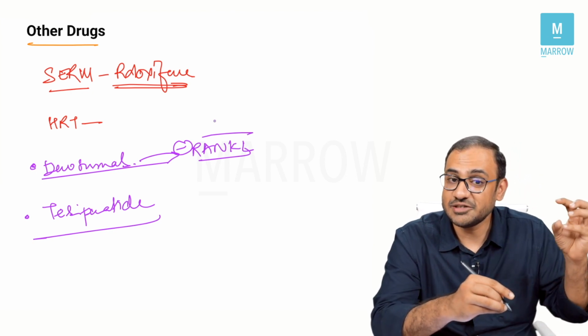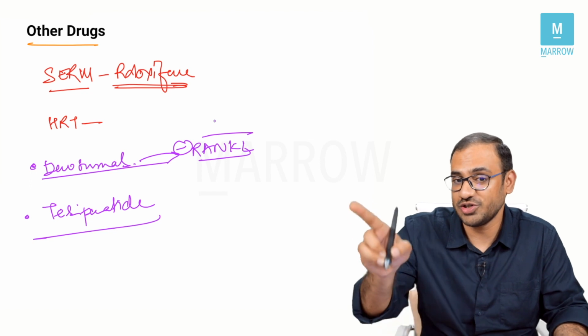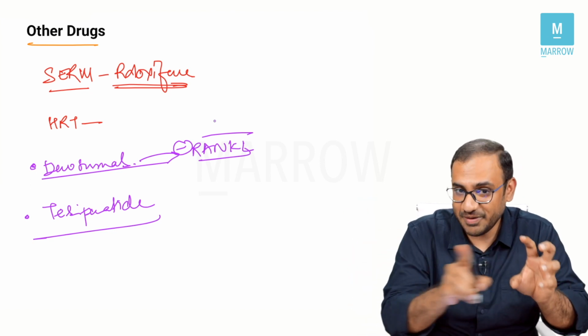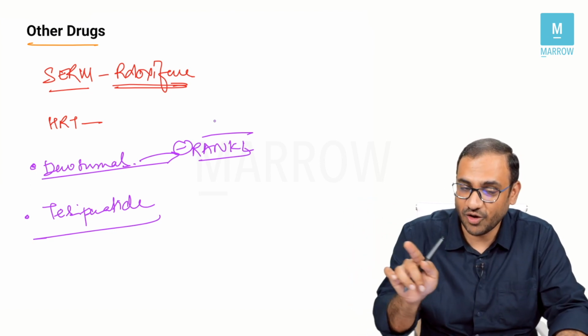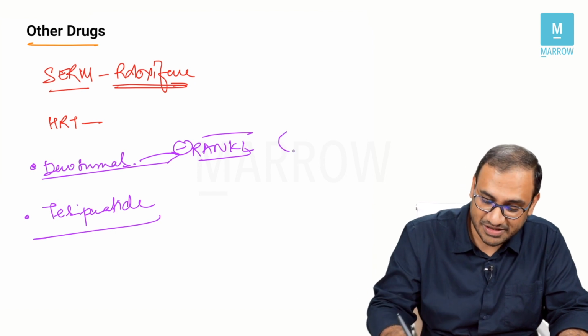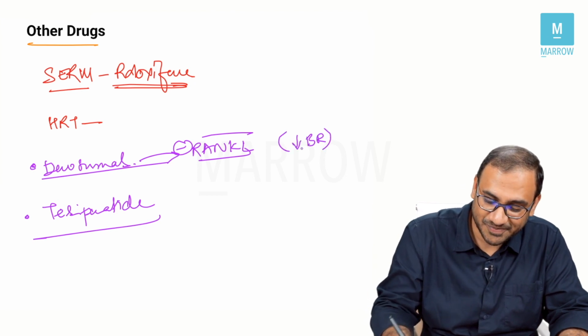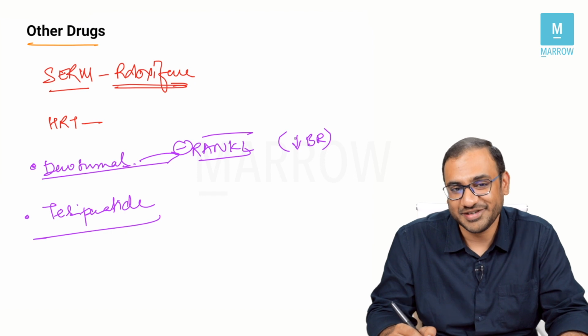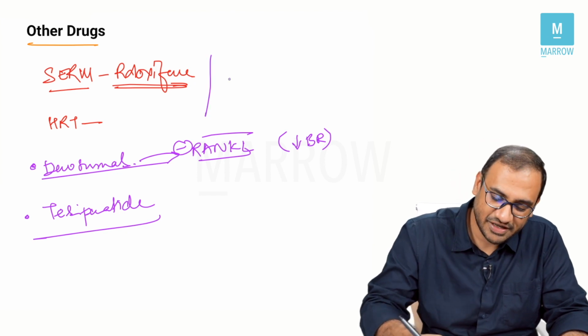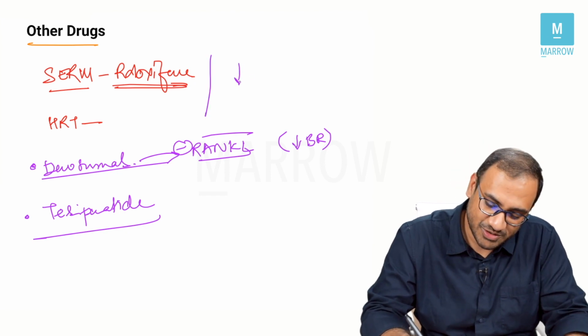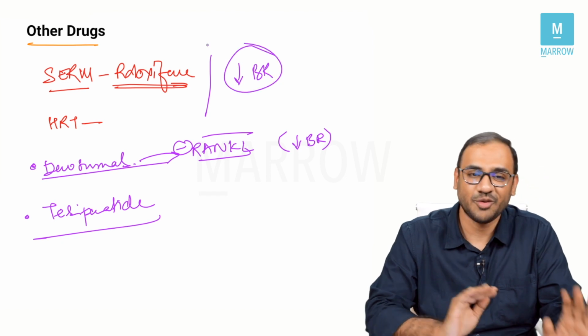RANK ligand was released by osteoblasts to activate osteoclasts. By inhibiting this ligand, you're basically not allowing the osteoclast activation, which means denosumab also suppresses bone resorption. Same as raloxifene and hormone replacement therapy, they also decrease bone resorption.